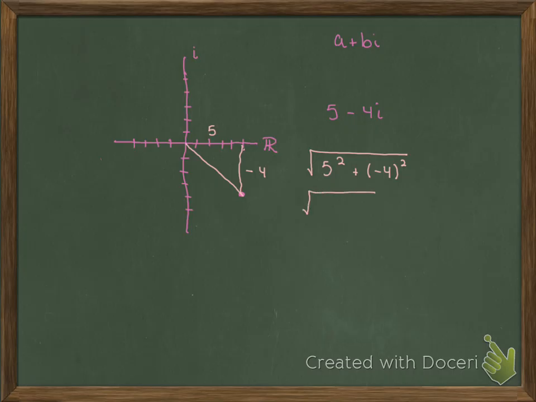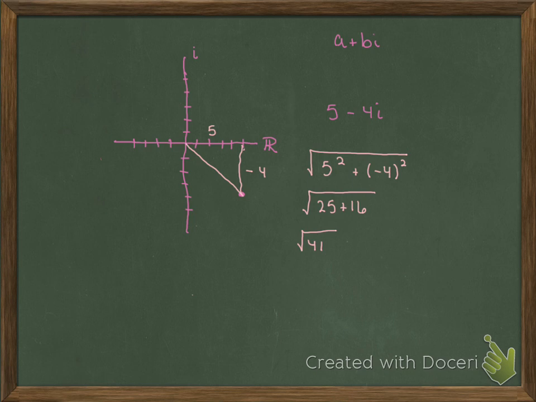So 25, negative 4 times negative 4 is 16. So we get the square root of 41. 25 and 16. Yeah, the square root of 41.